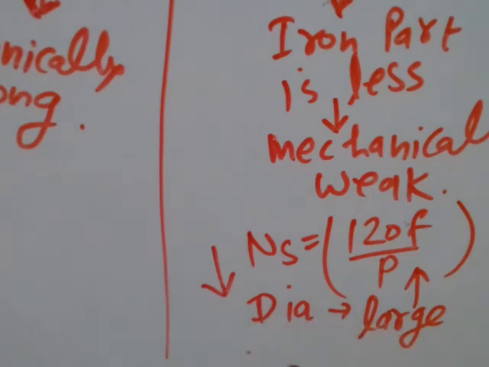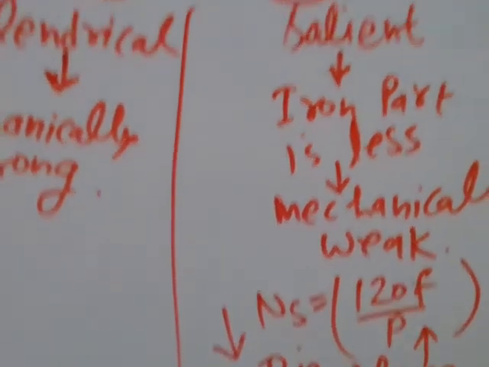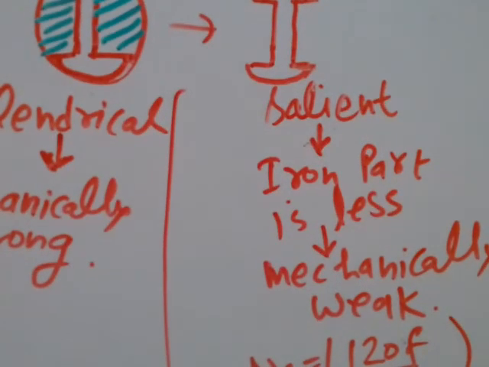So the diameter will be large in the case of salient pole rotor, right?